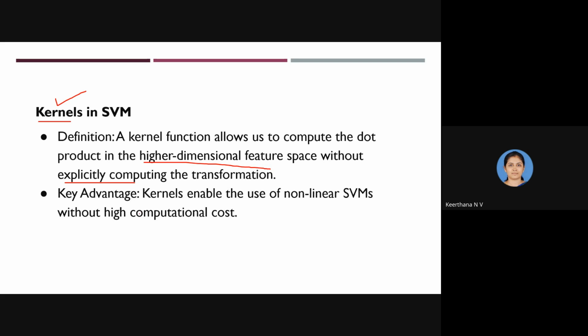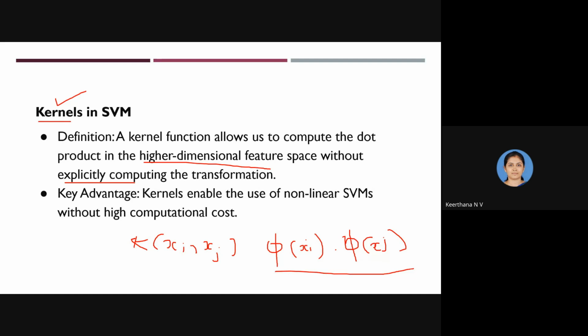This kernel function can be represented as k of xi comma xj. It calculates the dot product between the feature mapping functions, that is phi of xi dot phi of xj. It directly computes this with the help of the kernel trick.